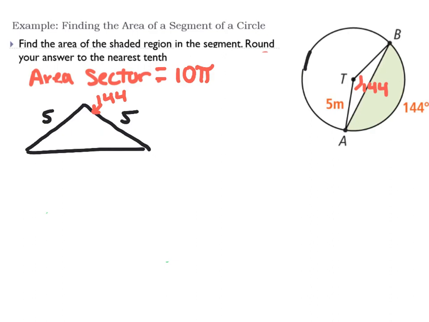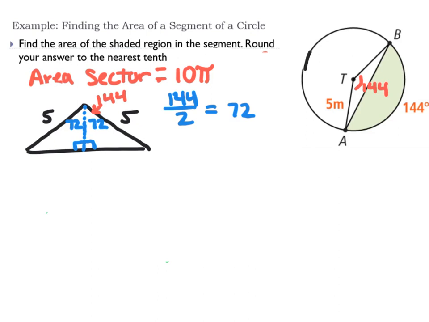However, we need to find the area of the triangle, so we're going to draw in the height. We're going to calculate 144 divided by 2 to figure out what each of those angles are. So if we plug in the calculator, it gives us that each of these angles is 72, and this is a right angle.